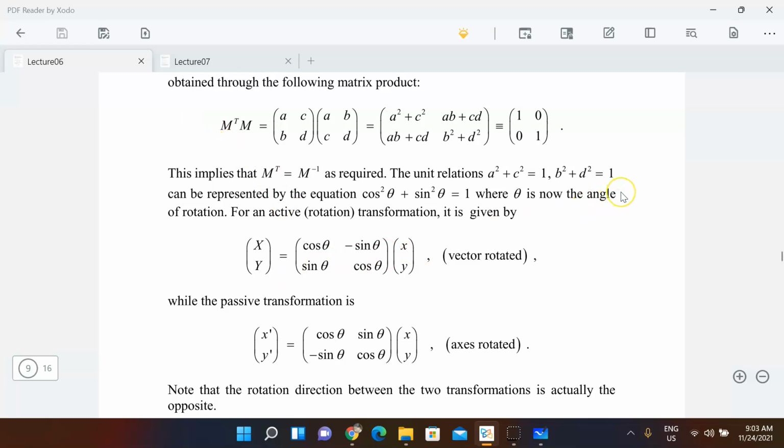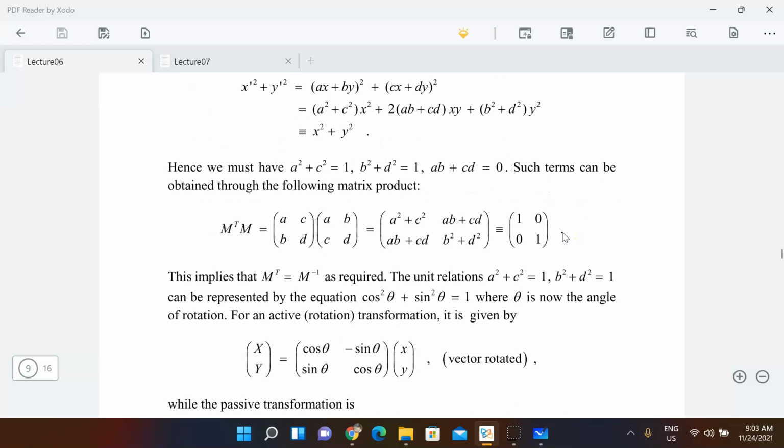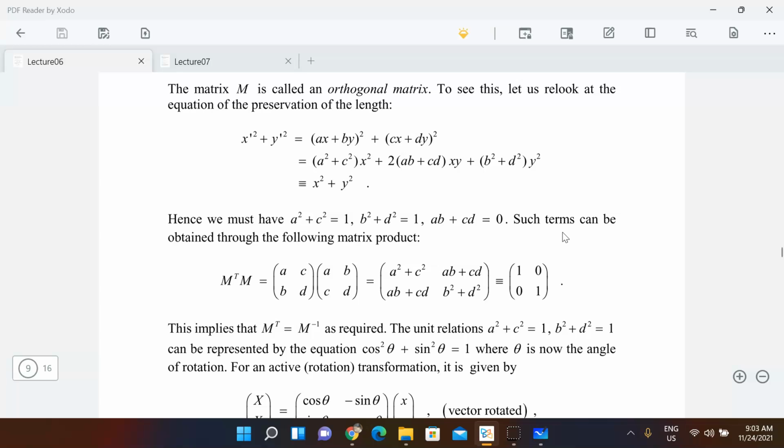We have gone through what we call the rotation matrix, and essentially from the form that, when you do a rotation, the length of the vector is always the same.